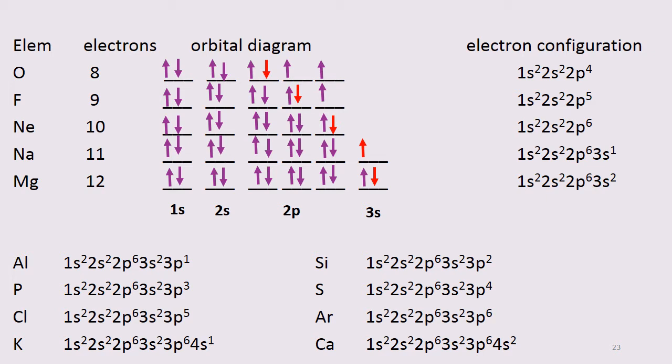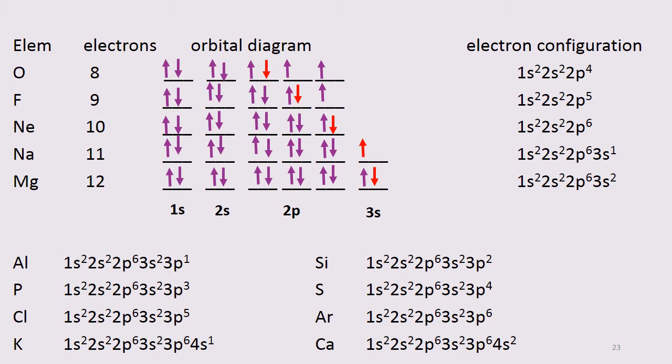So oxygen, we put number 8 pairing up with the first line, number 9 for fluorine pairing up with the second line, and then neon pairing up with the third one. So neon has 10 electrons, and you can see the electron configuration for neon, 1s2, 2s2, 2p6. Because the p subshell can hold up to 6 electrons, we just keep adding one in our electron configuration until we get up to 6.